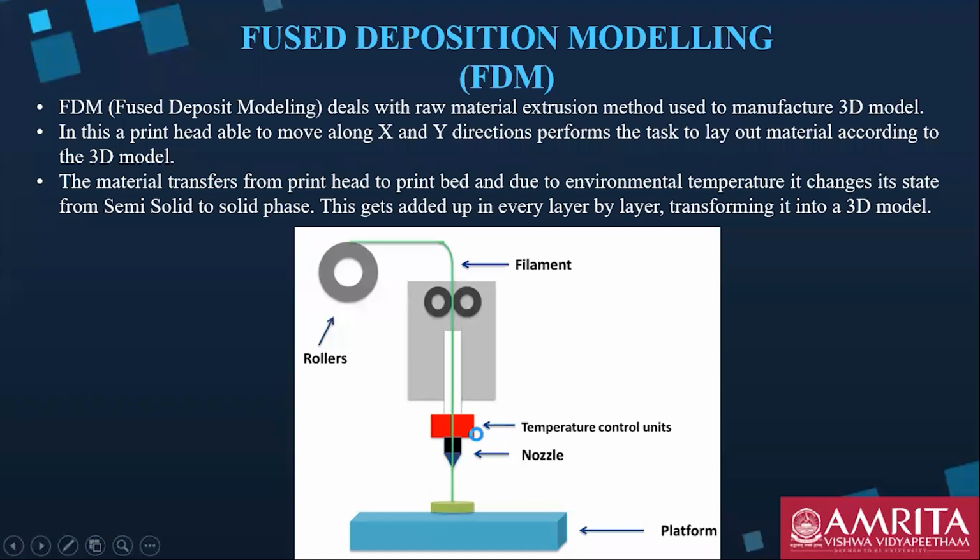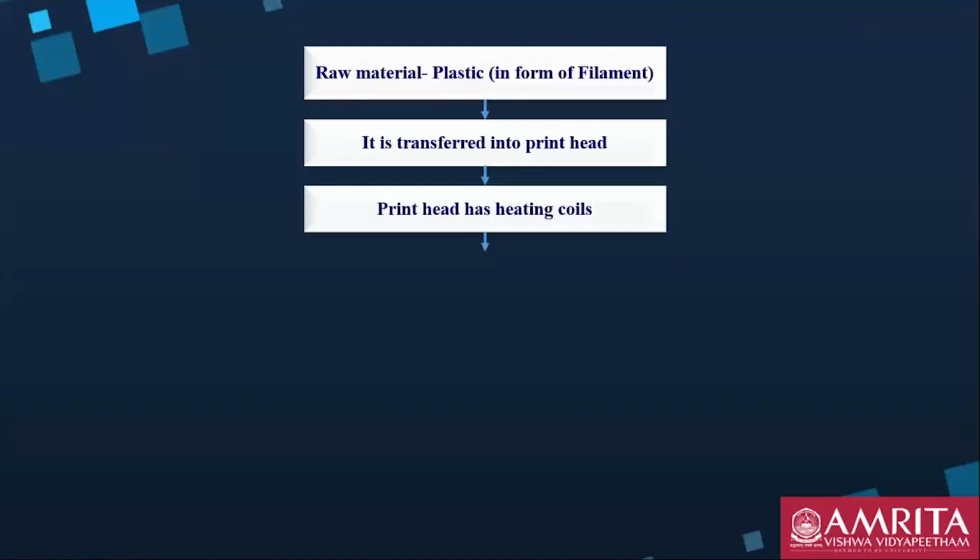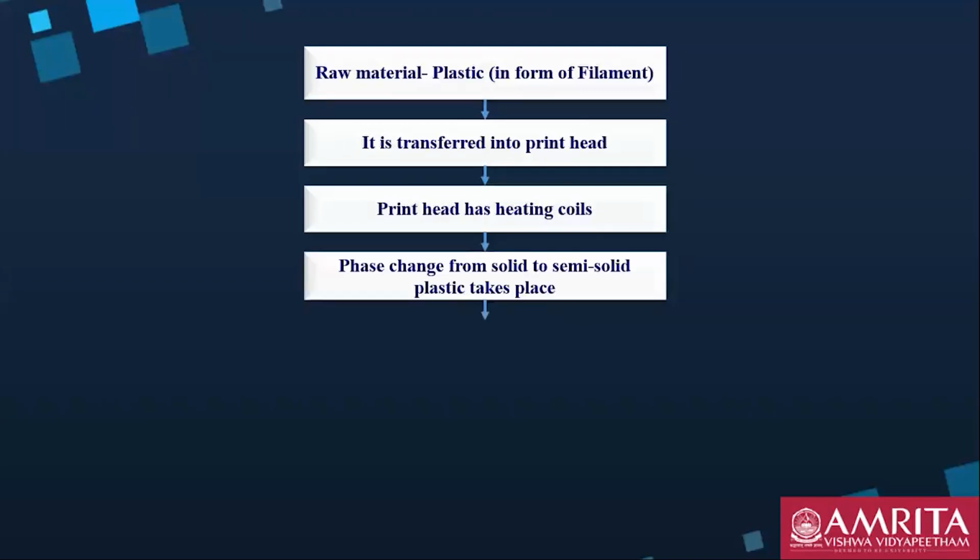So what exactly is happening? First, the raw material, which is plastic in the form of filament, is fed through the print head. The print head carries the heating coils. These heating coils heat up the material, and the solid phase of the plastic is changed into semi-solid.